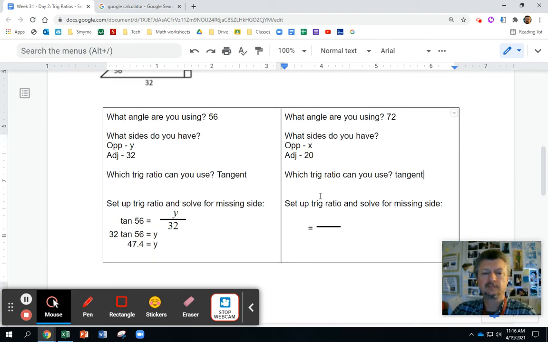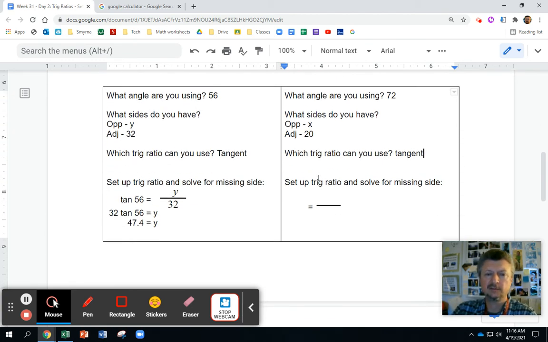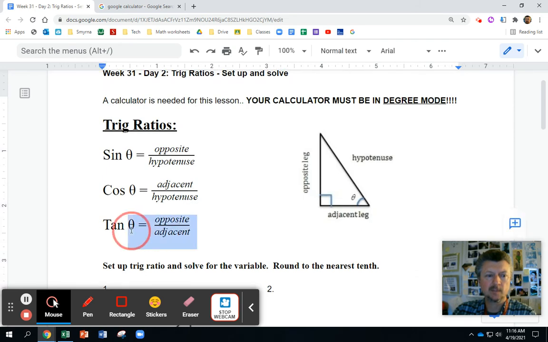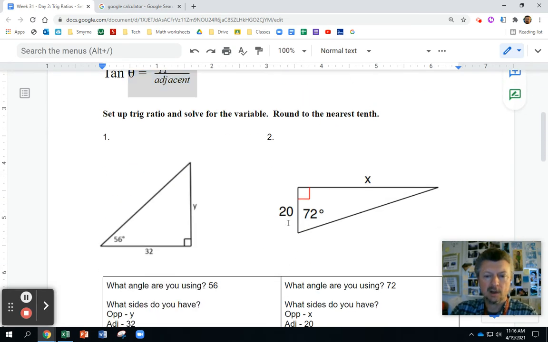Then set up the trig ratio and solve. Okay, so again we'll put the trig ratio tan, and we put the angle in there, 72. Then we put the opposite over adjacent, that's what it says up here, right? Opposite over adjacent.